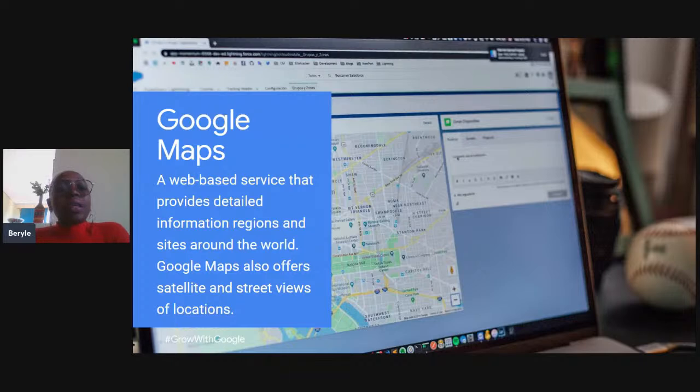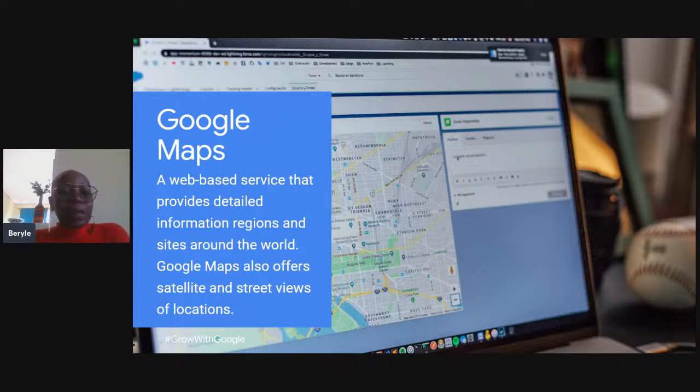So the GMB helps your business get discoverable on either Google Maps or Google search. So what is Google Maps? Because now we are telling you that your business will get discoverable on Maps and on search. But what is Maps? Have you interacted with Maps before? Have you placed your business on Google Maps?